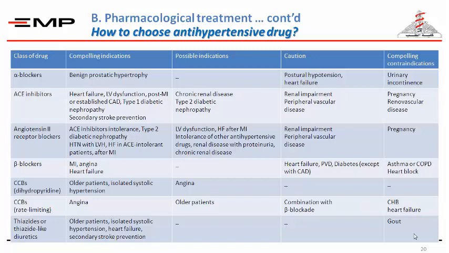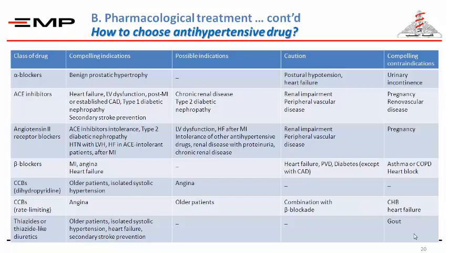But they are also preferred like ACE inhibitors in patients with diabetic nephropathy, hypertension with left ventricular hypertrophy, or left ventricular dysfunction. Beta blockers are preferred for hypertensive patients with myocardial infarction, with angina, or with heart failure.